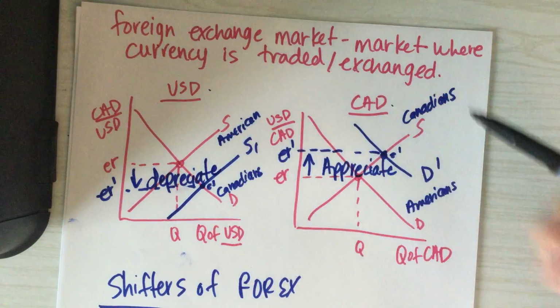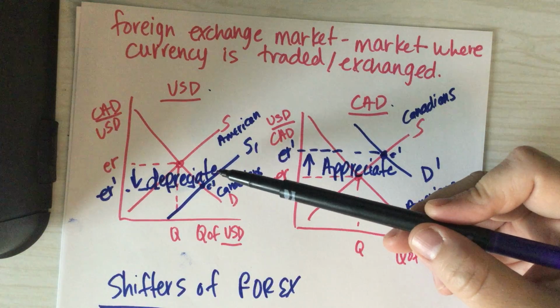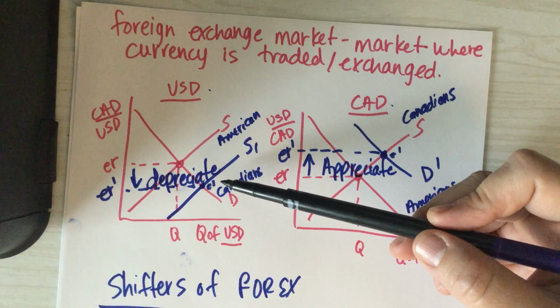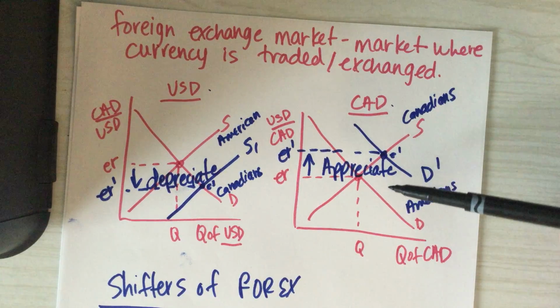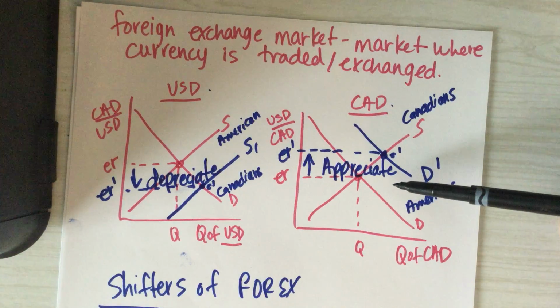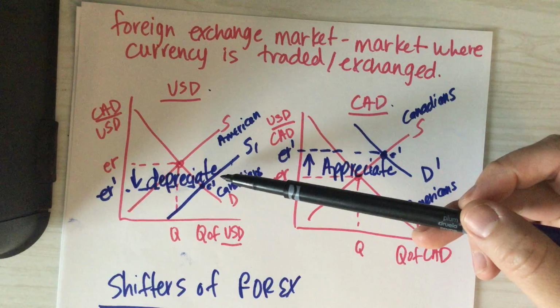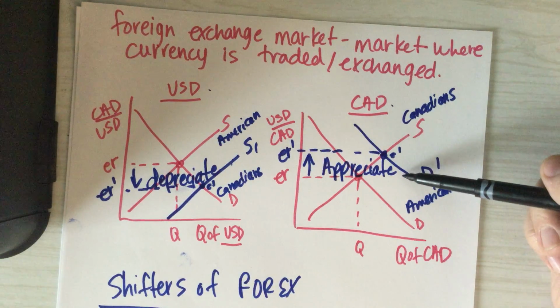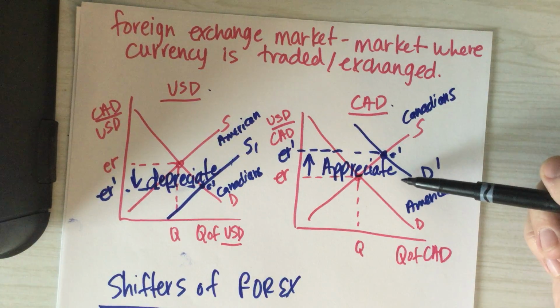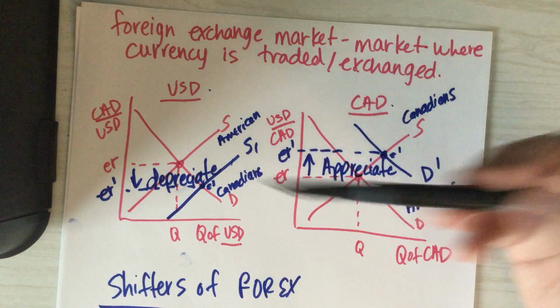For a currency to depreciate means that the value of this country's currency has gone down relative to, and only in comparison to, this other country. Relative to Canada, the US dollar has depreciated, has gone down in value, and the Canadian dollar has appreciated, has gone up in value relative to the US dollar.